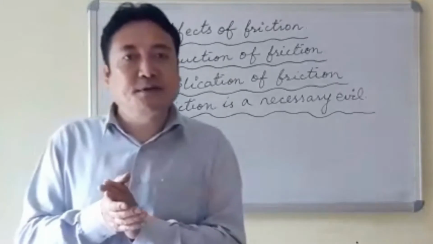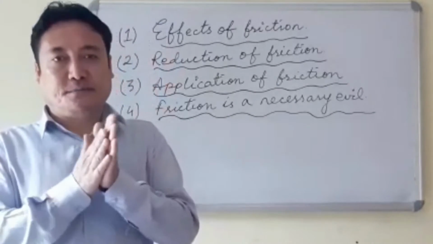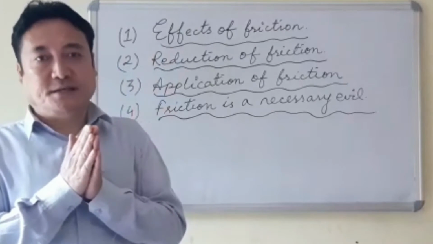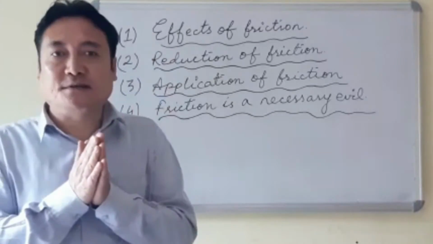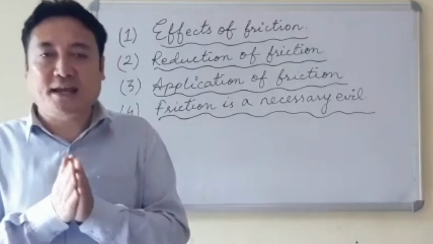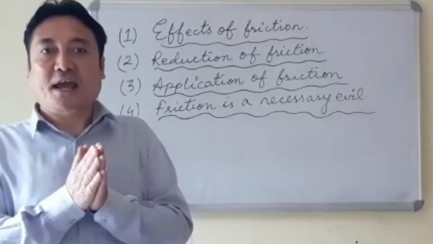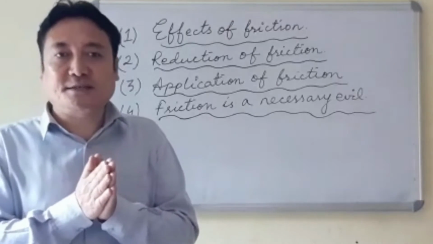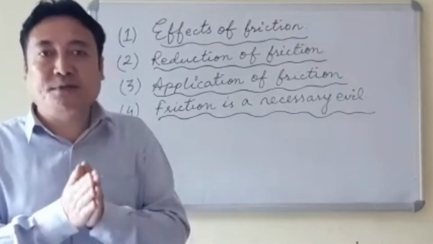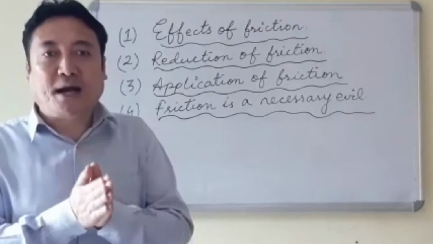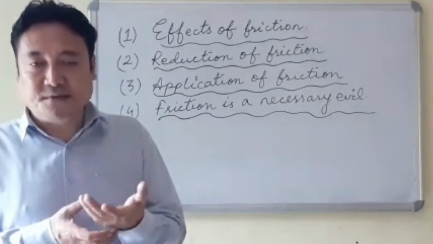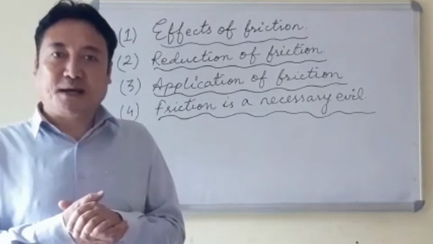A very simple example is when you rub your two palms together, heat is produced, and this heat is produced because of friction. When heat is produced, there is a loss of energy. Therefore, the efficiency, the ability or capability of doing work by the machine, will be reduced. That means the efficiency will become less because of the heat caused by friction.